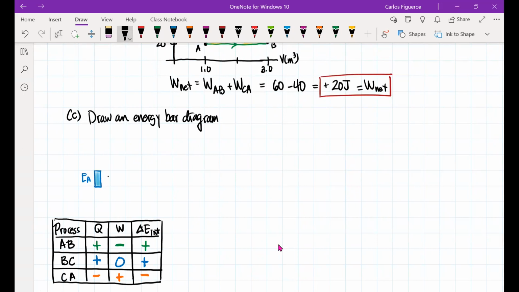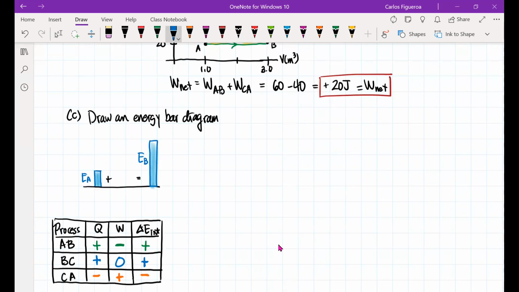Well, I do negative work and I do positive heat, but because the internal energy changed positively, that means that there's an increase in kinetic energy. So because there's an increase in kinetic energy, I'm going to scale that right now. I'm going to say that it's clear that I increased my internal energy from Ka to Kb.